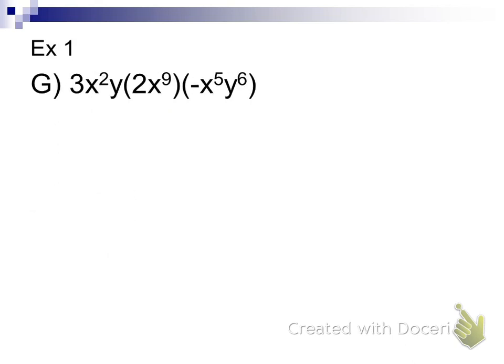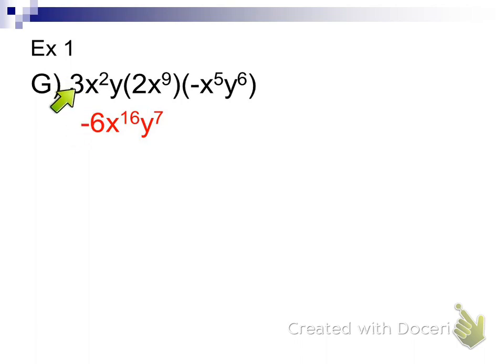All right, part G. Anyone else? I'm hearing a lot from this front corner. All right, go for it. I got negative 6x to the 16th, y to the 7th. I agree.